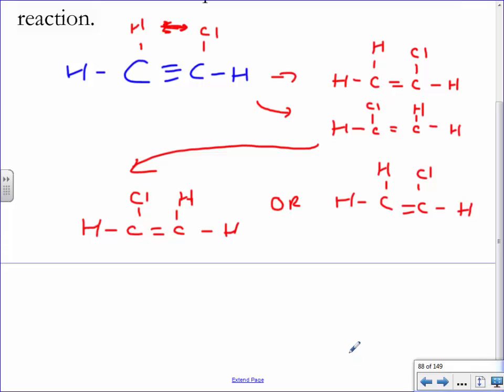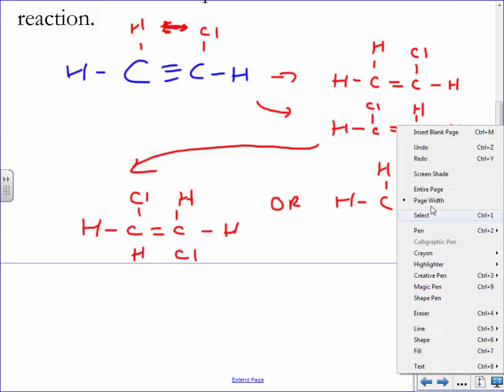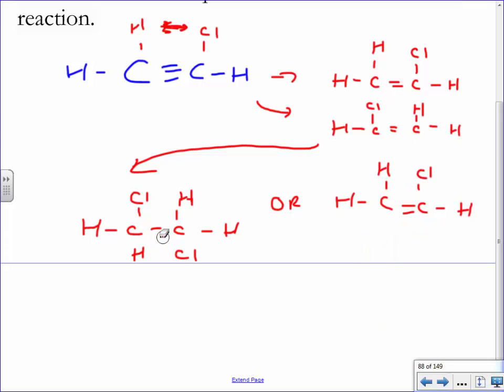Well, now I could get isomers. Because what if I went hydrogen and chlorine in this orientation here now? If I went in that orientation, see how the chlorines are on opposite carbons? This would make it a 1,2 dichloroethane.